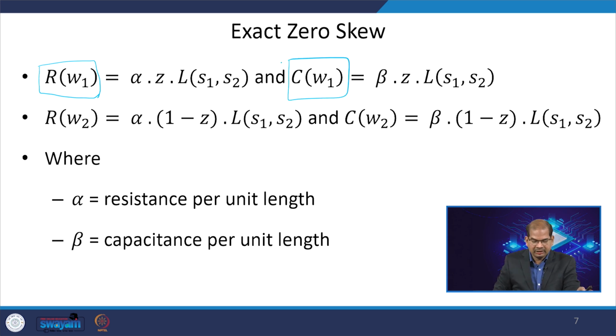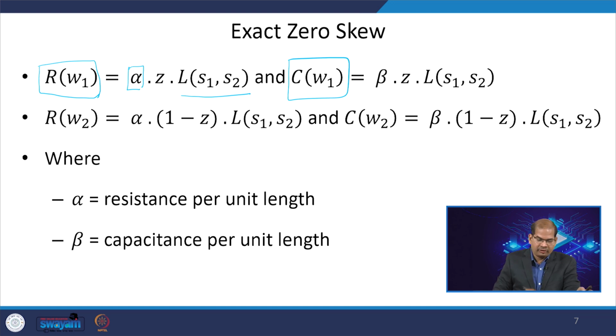So, how will it depend? It depends upon alpha. Alpha is basically resistance per unit length, times z into the length. Okay. So, resistance will be this much. Similarly, C of W1 is beta times z into L of S1, S2. Okay.